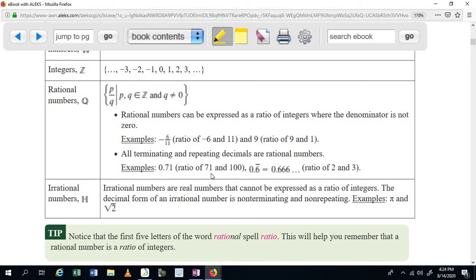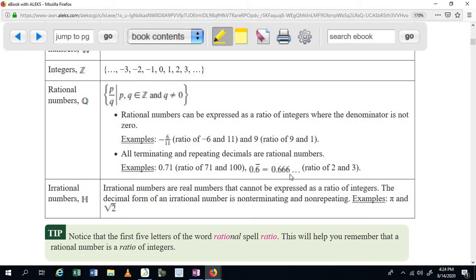And so that can be written as 71 divided by 100. And so that's a rational number. But let's say this continued on and on and on, and it never stopped. So that's non-terminating. As long as it doesn't repeat, then it's irrational.